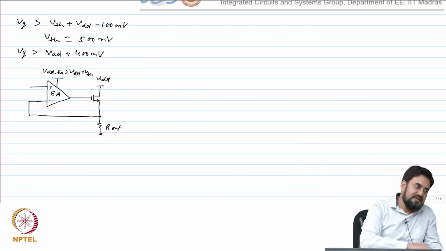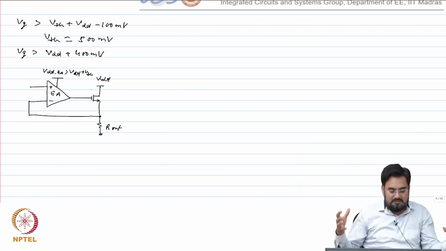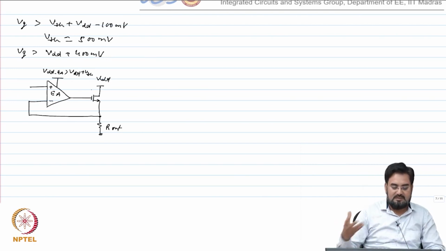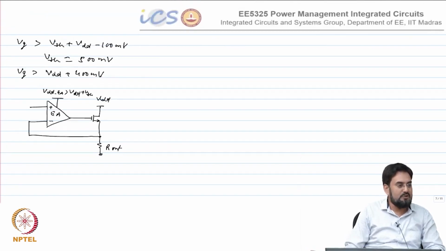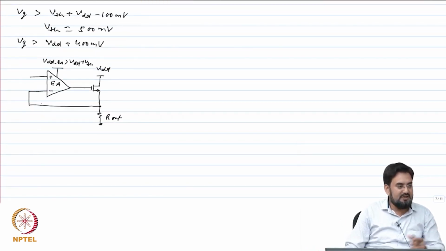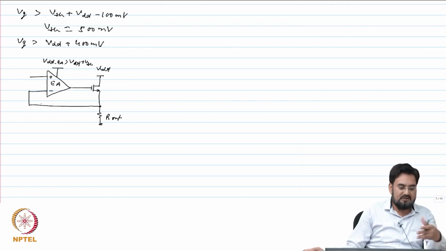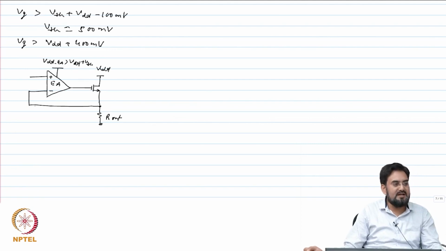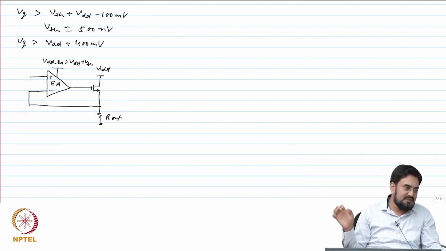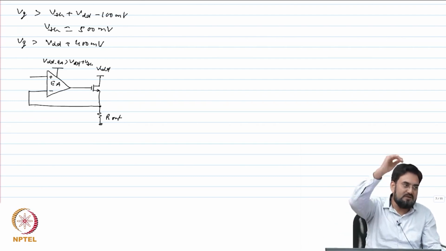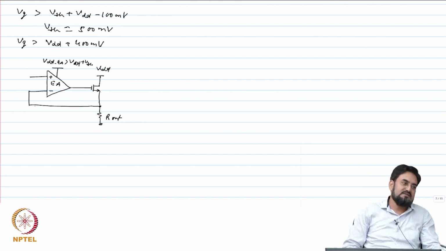So you take the VDD. If you have already, let us say, on your system a power supply of 1.8 volt and 2.5 volt, and output you require less than 1.8 volt, then you can put the error amplifier at 2.5 volt and get it worked. So it is not a problem, but if you have a single supply which is VDD 1.8 volt, then you use a capacitive charge pump and boost that voltage and supply that.